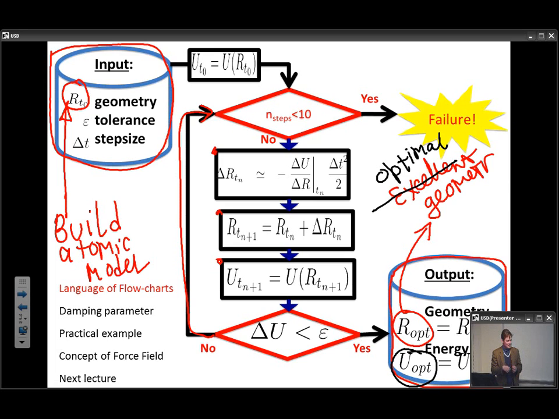So we do not want our code to go this way. We want our repetition to stop at some point. And therefore we put these diamonds. We put these decision points. So, just in case our program was designed in a stupid way, we can start at the very beginning saying that if repetition occurs more than 10 steps, then everything fails.